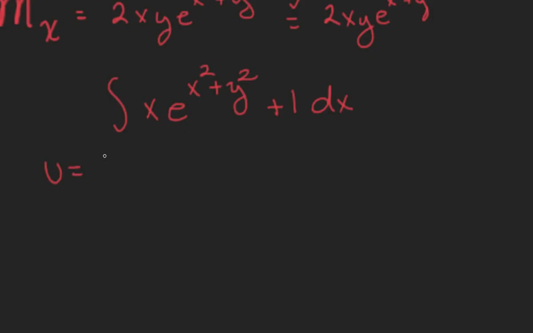If you let u equal the exponent, then the derivative of that with respect to x would be 2x, multiply both sides, and solve for dx.